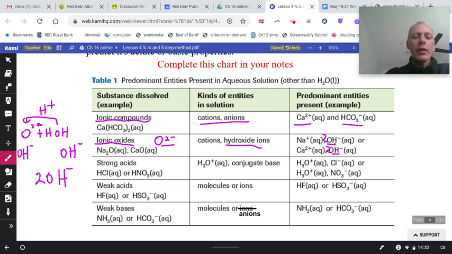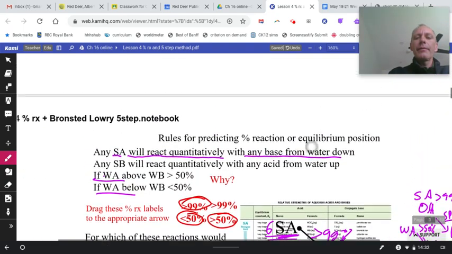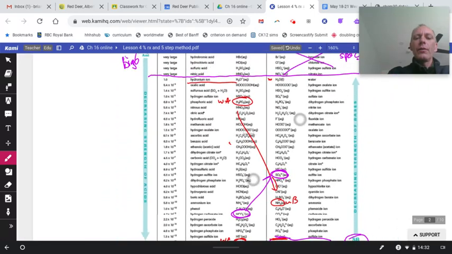Okay, strong acids, 100% ionize into hydronium, and we've done that already. Weak acids, because they all react less than 50% in water, and I'll just show you that on this table. So here's water as our base.